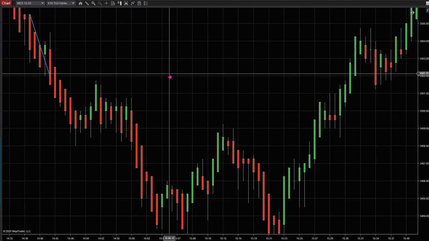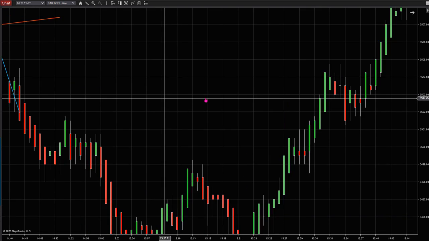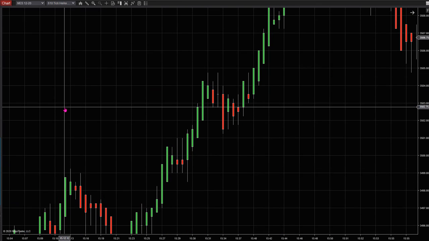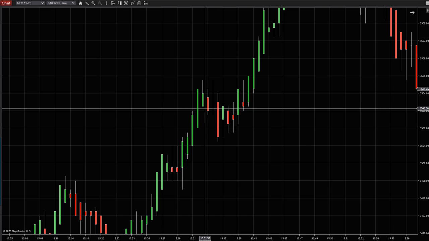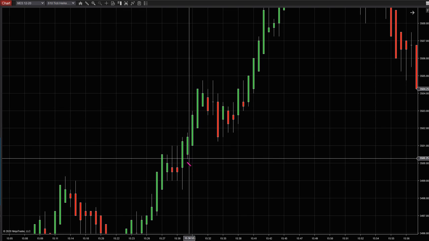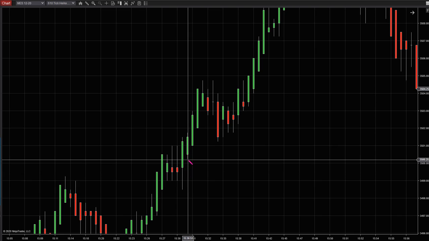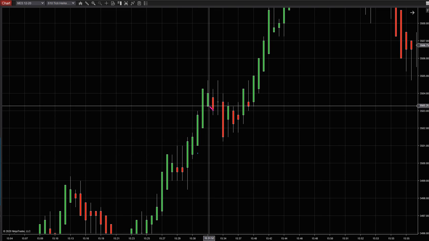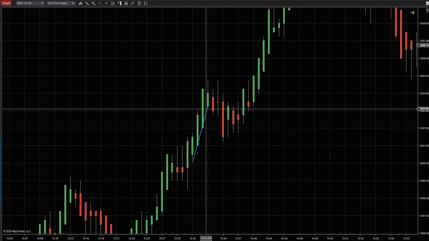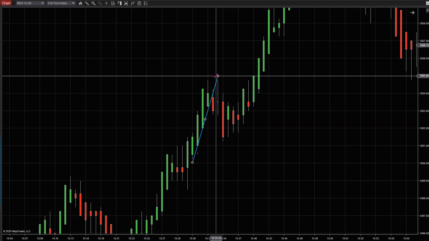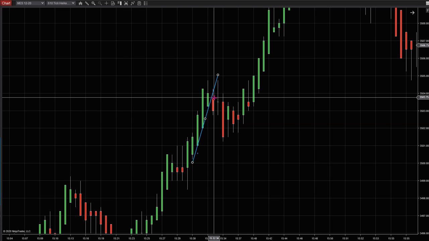Now, same thing with your uptrends. If you've got a red candle that breaks the corners, if you draw a line on the corners of these candles going up like this, then it's going to paint that candle red.